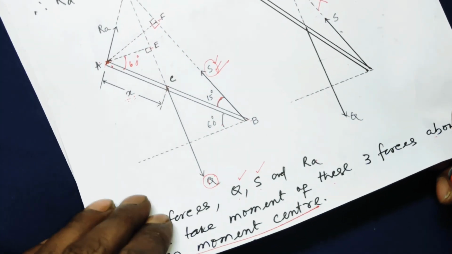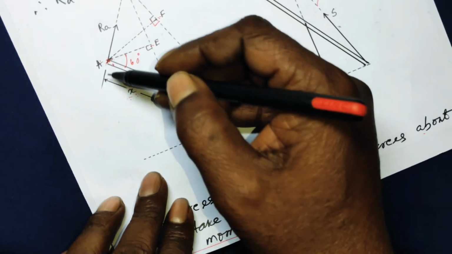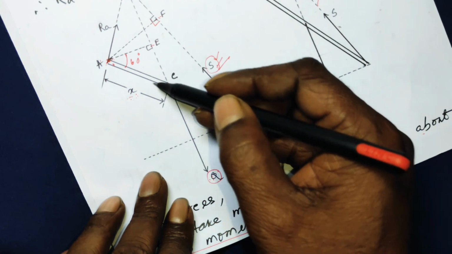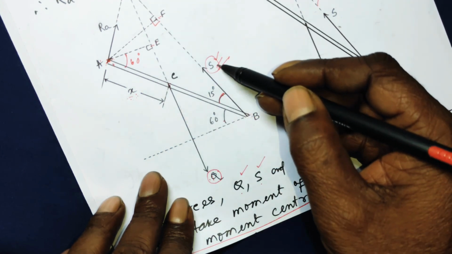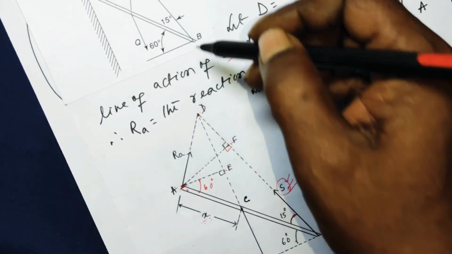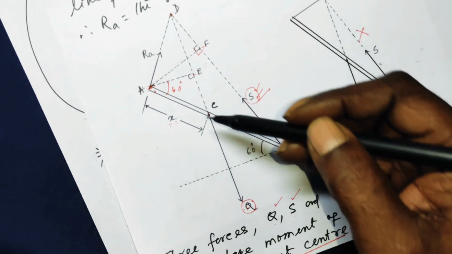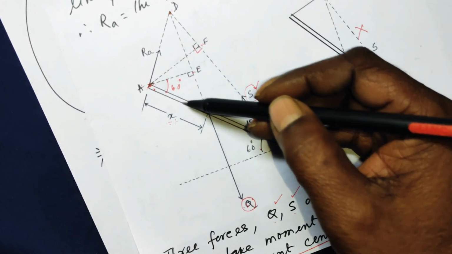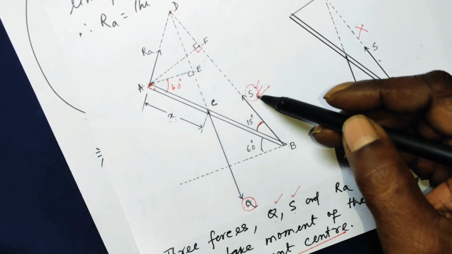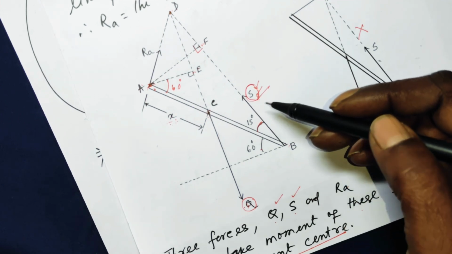Means if this load Q is applied here, then X becomes 0. Then the axial force S developed in the cable BC will be minimum, that is 0. When this Q is applied here, means making X equal to 0, then S is equal to 0, that is the axial force developed in the cable is minimum.